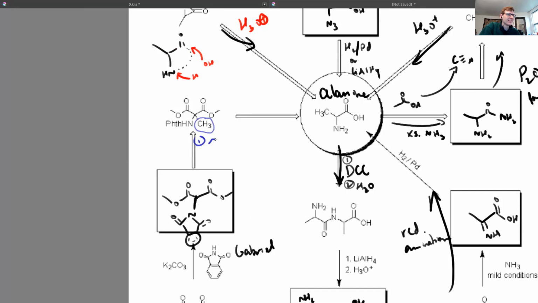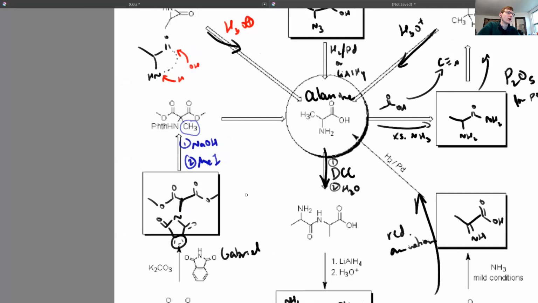And then I guess you could just add methyl iodide or something. Yeah, that's exactly how I would do it. I wrote a really weak base because this is going to be really acidic. So maybe there are better bases to use, but I guess you could just use NaOH and the reaction will go to completion, and then you just use methyl iodide and you're done.